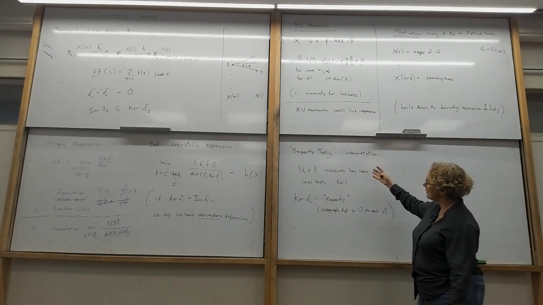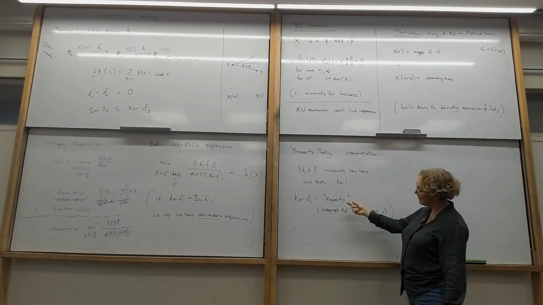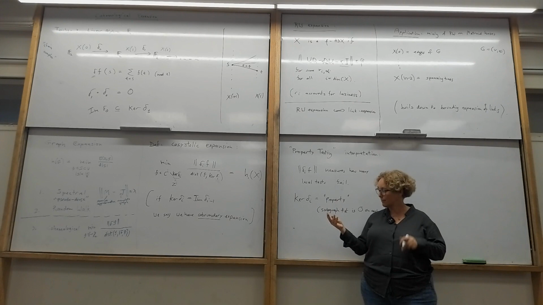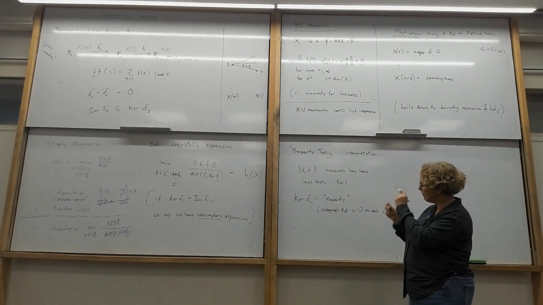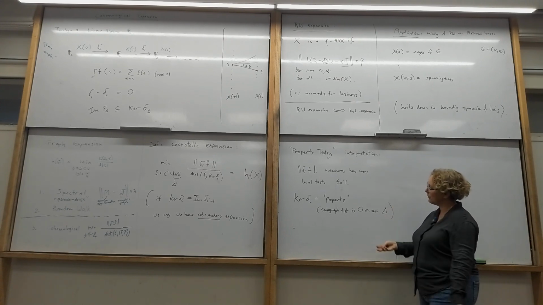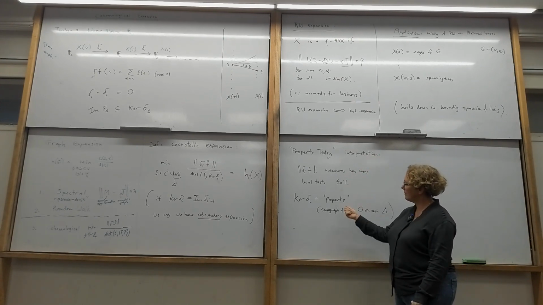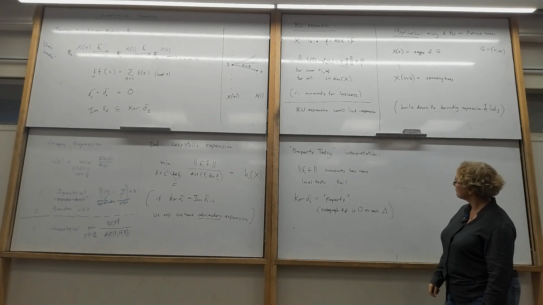And this is what property testing is. You have some property. In this case, it's a very specific one. Property testing is much more general. You have some specific property, and you want to test by reading just a small part of your f whether it's close to the property or not.